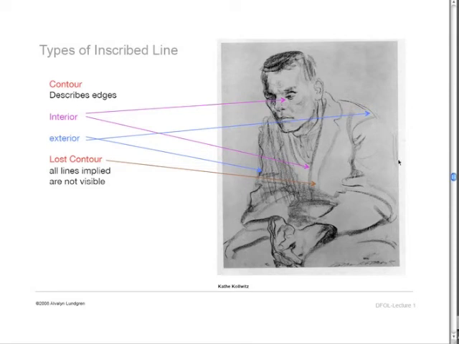There's a break in the line, and that's where we lose the contour and the form that's being described actually merges with the background. And so we see lost contour here and right in here and over in here. Notice also how line can be used to build up shadow and tonal quality.